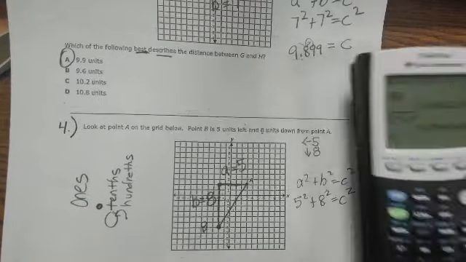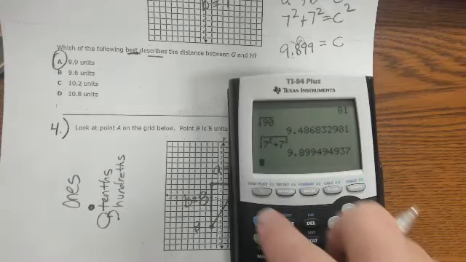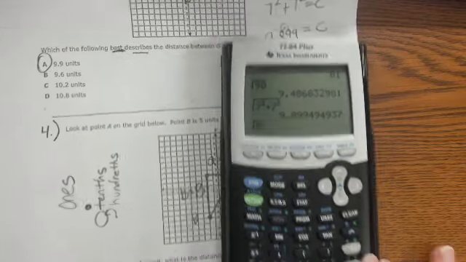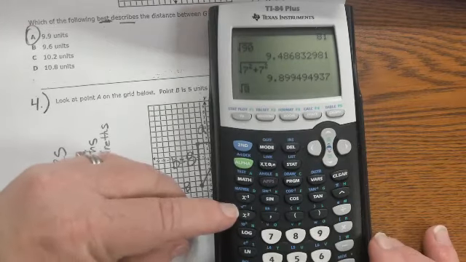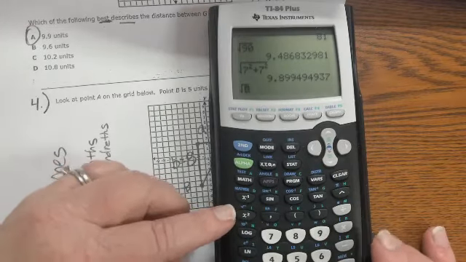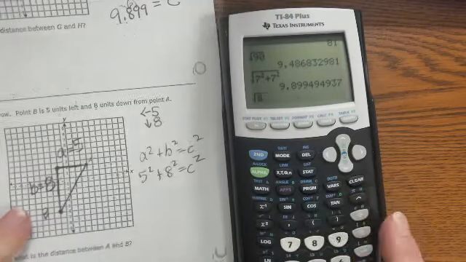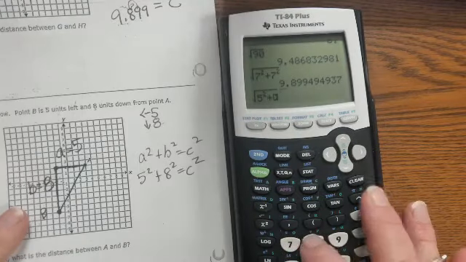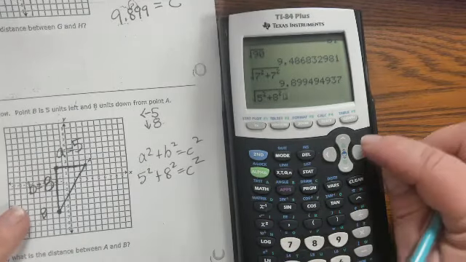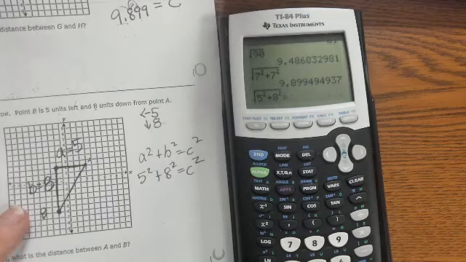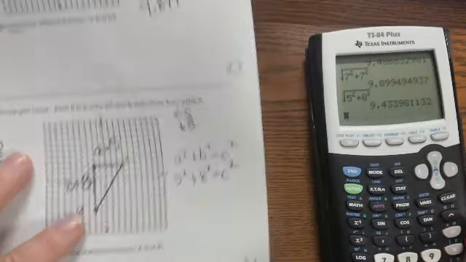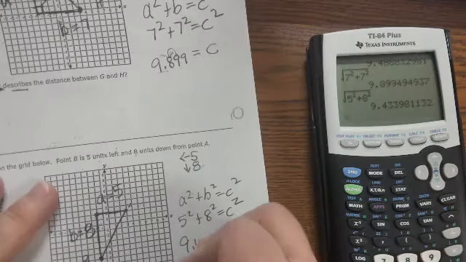I'm ready to put it in my calculator. I'm going to put second square root. Remember the square root key? It undoes a square, so it's right on top. And I've got what? 5 squared plus 8 squared. Get out from the radical sign or the square root sign and hit enter. And I get 9.43.